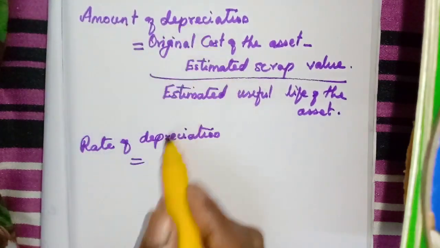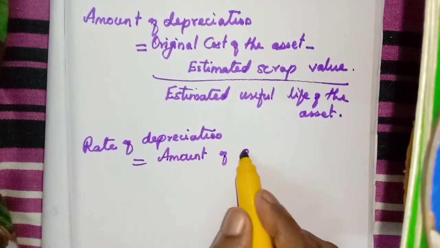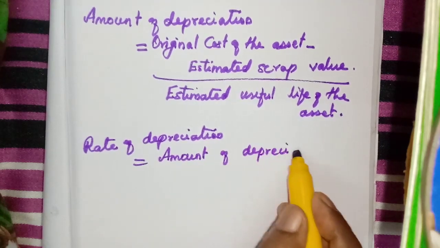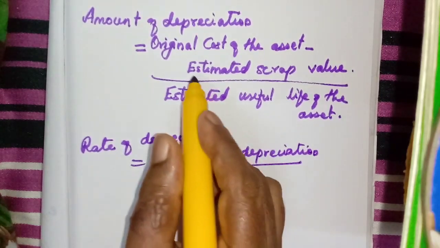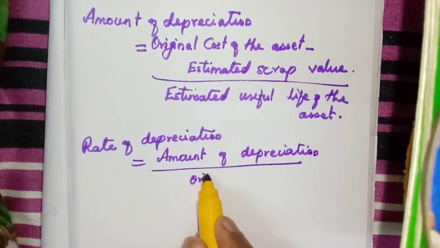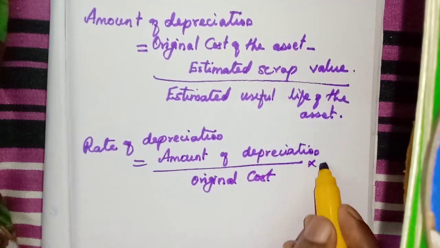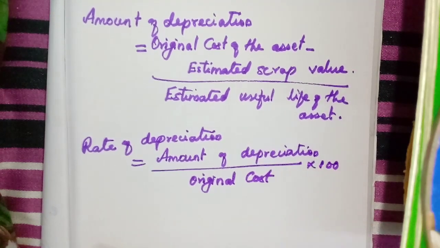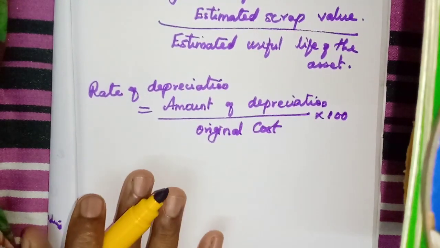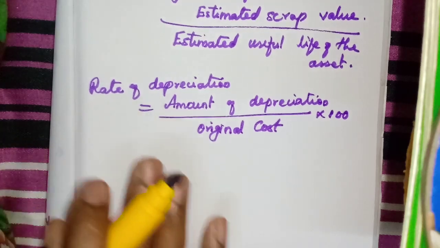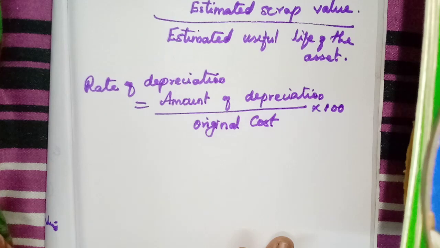Here what we are calculating, that you have to write: amount of depreciation divided by original cost of the asset into 100. We will get the rate of depreciation. Okay, with this we can do some problems.